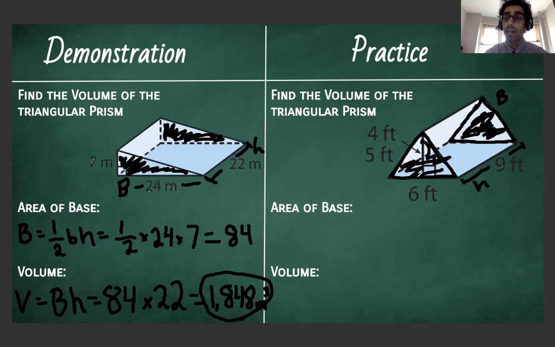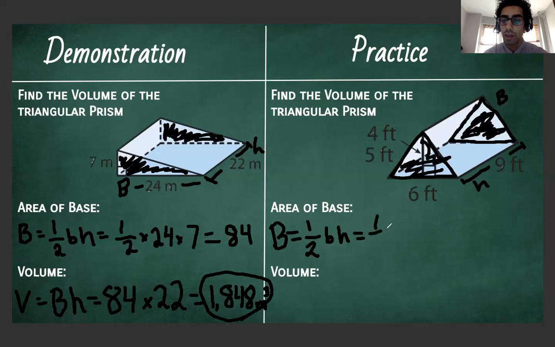So let's find the area of my base. Let's also make sure we're distinguishing the area of the base from those of the figures with the rectangular prism. That being said, area of the base is going to be 1/2 of this triangle times the base of this triangle times the height of this triangle.